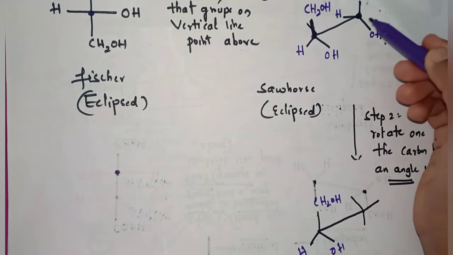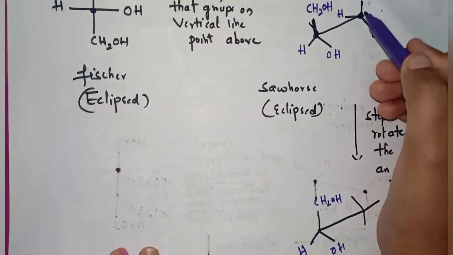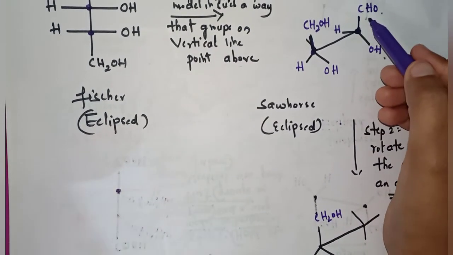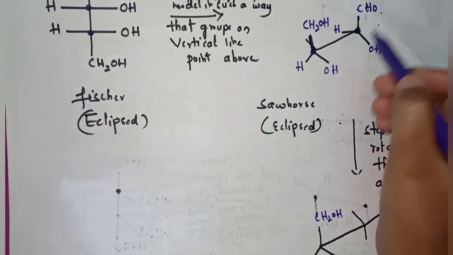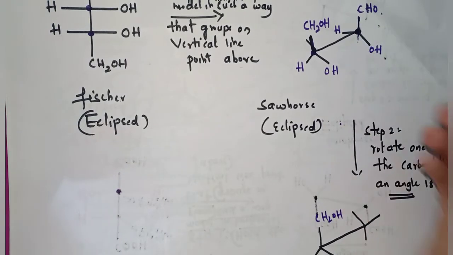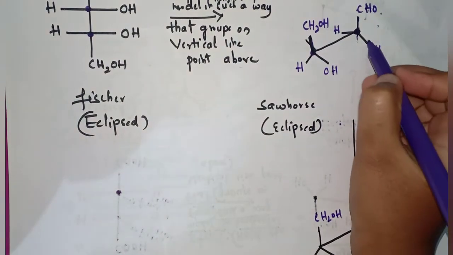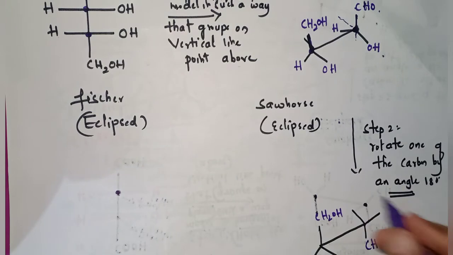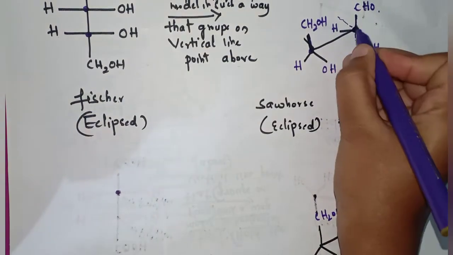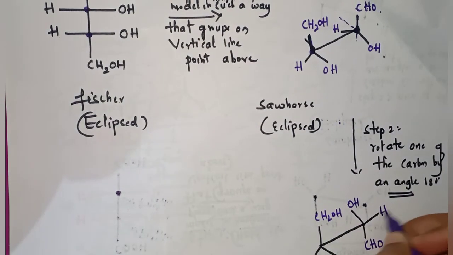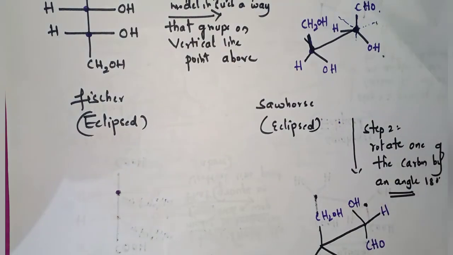So I am rotating this carbon. If I rotate this carbon, this CHO will come exactly here in the opposite position of this. So here is CHO and the opposite position is OH, and here for the opposite position is H.